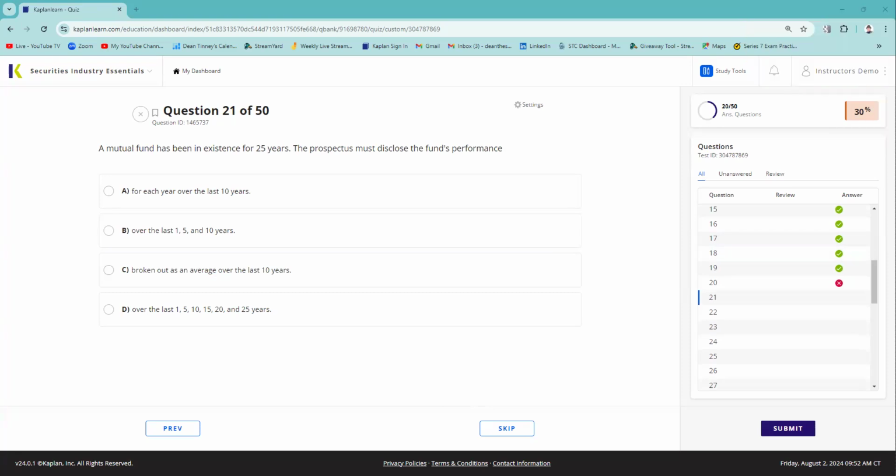The mutual fund has been in existence. For each year over the last 10 years, the last 1, 5, and 10 years, that wouldn't make sense.